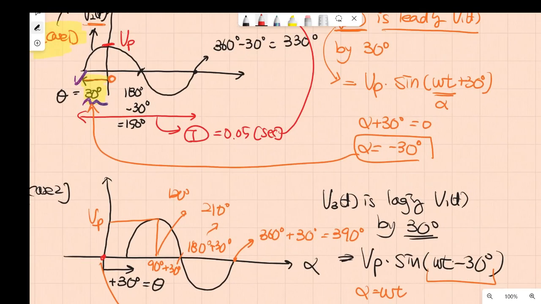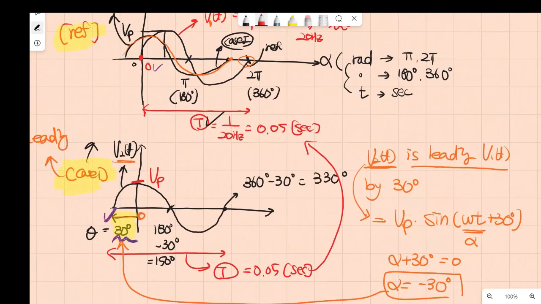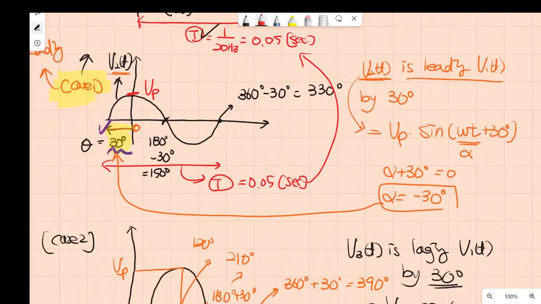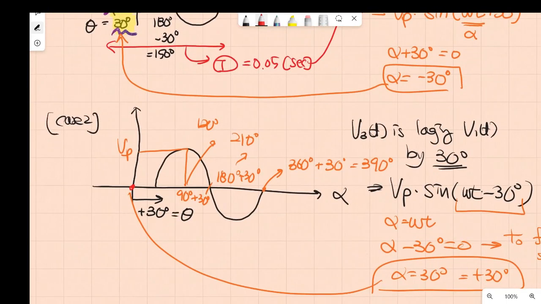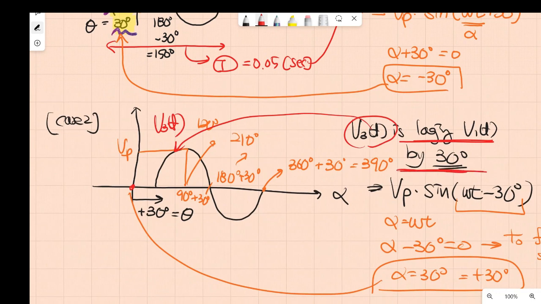From the reference one it arrives later. This is why v3(t) is lagging v1(t) by 30 degrees.